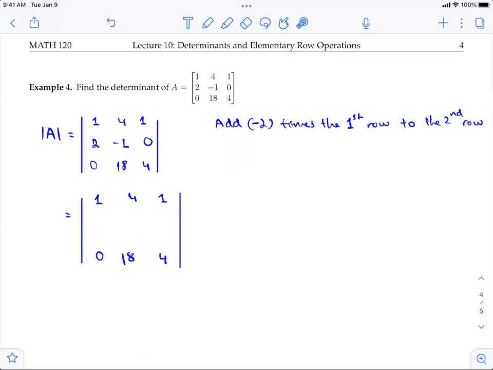The second row becomes: -2 times 1 is -2, added with 2 becomes 0; -2 times 4 is -8, added with -1 becomes -9; and -2 times 1 is -2, added with 0 is -2.